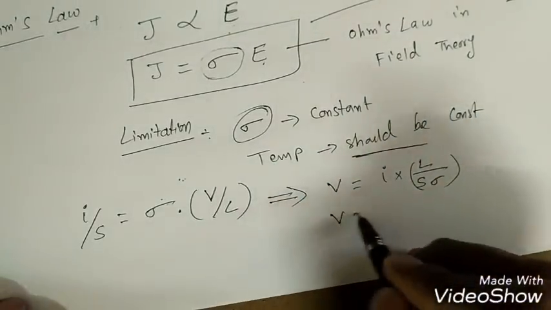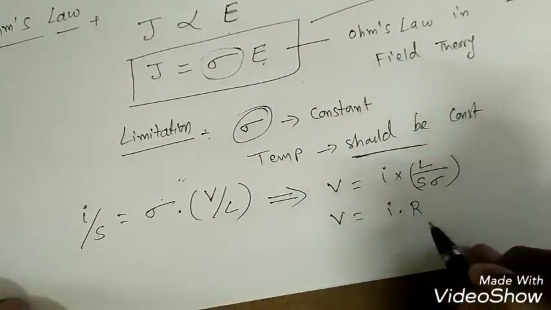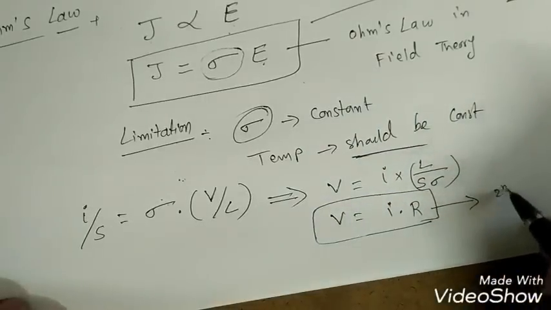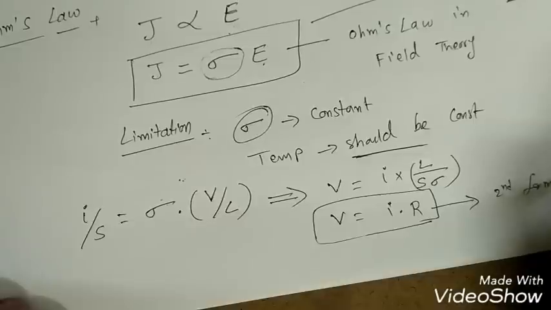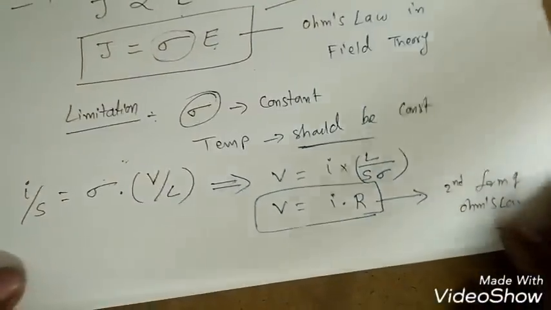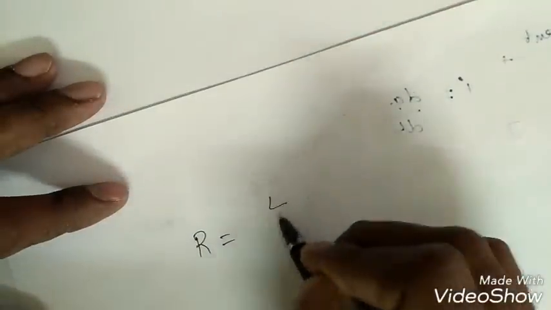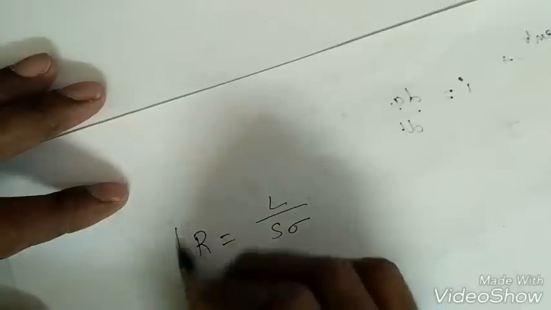Or we can say V is equal to I into R. So this is the second form of Ohm's law, right? So V is equal to I into R. Now from this expression, what is R? So R is equal to L by S into sigma.